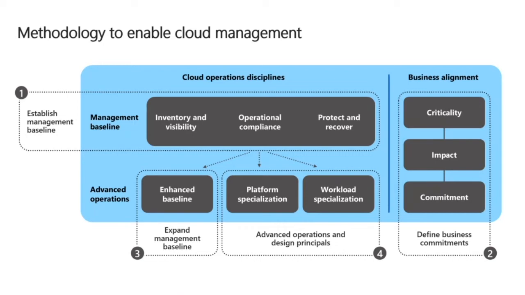Then you have business alignment, that is, how do you align that baseline with your business commitments. And finally, advanced operations, meaning supporting advanced workloads, supporting your critical workloads, and an enhanced baseline, which also leads to some workload specialization, advanced operations, and others. Let's look at all these parts here.